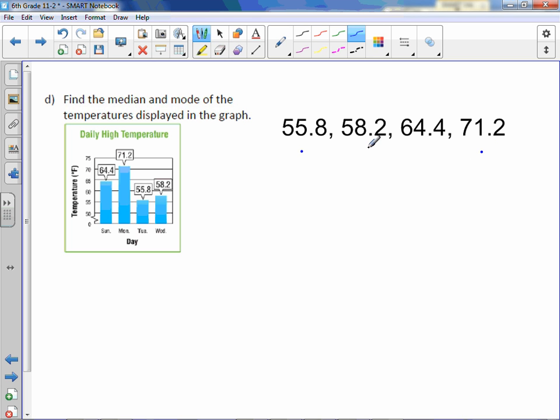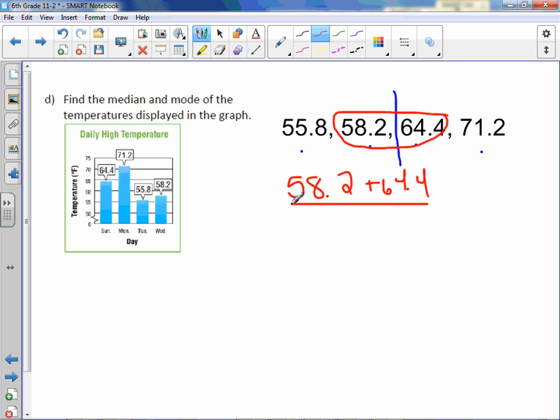1, 1, 2, 2. I have a dilemma. Okay, the dilemma here is I have 2 numbers in the middle. My middle is right here. So in order to figure out what the median is, I need to find the midpoint between these 2 numbers. And the way I can do that is do a little mini mean. So let's take those numbers, 58.2 plus 64.4, and divide by 2.